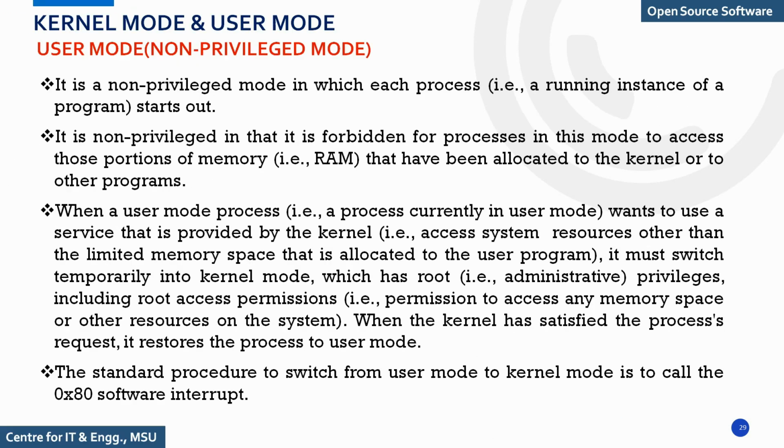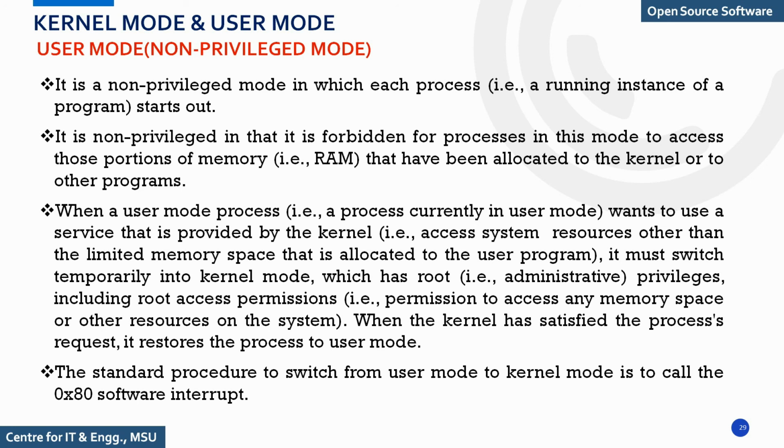The next one is user mode, which is also called non-privileged mode. In this mode, each process starts out non-privileged, in that it's forbidden for a process in this mode to access those portions of the memory that have been allocated to the kernel or other programs.